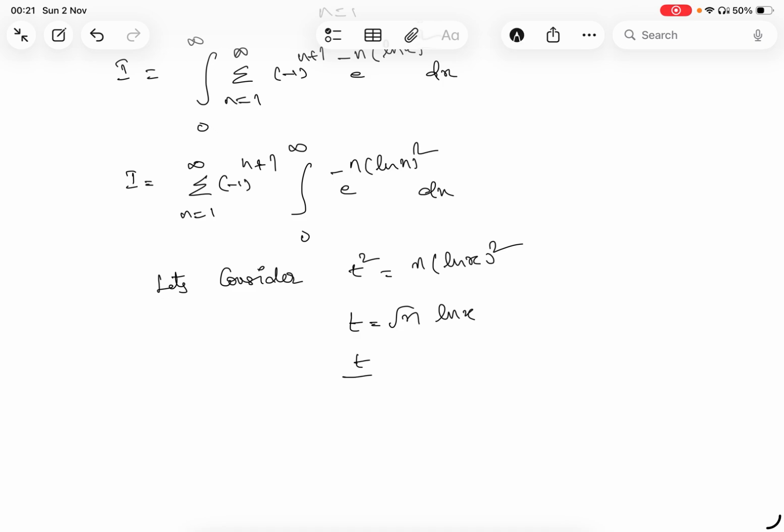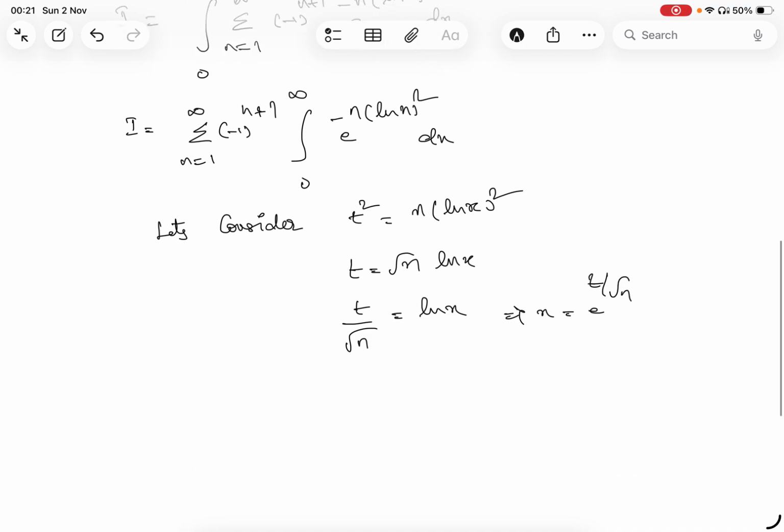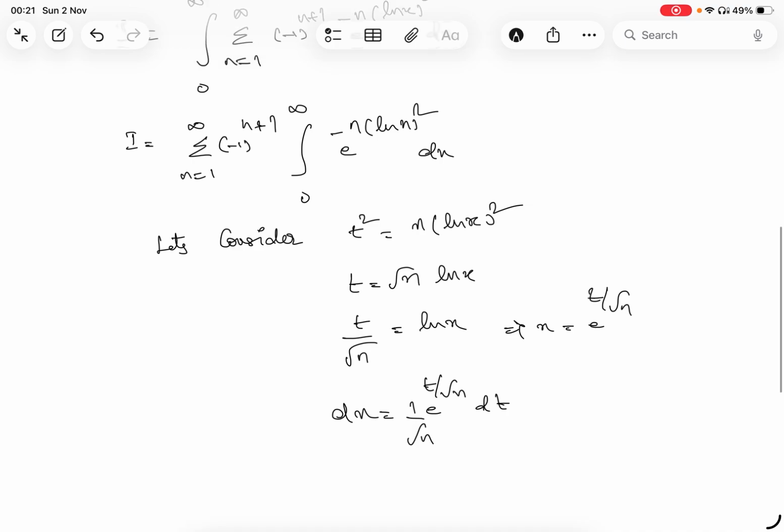Then t by root n equal to ln x. Then x is e power t by root n. Fine. Then dx is e power t by root n into 1 by root n dt, right?